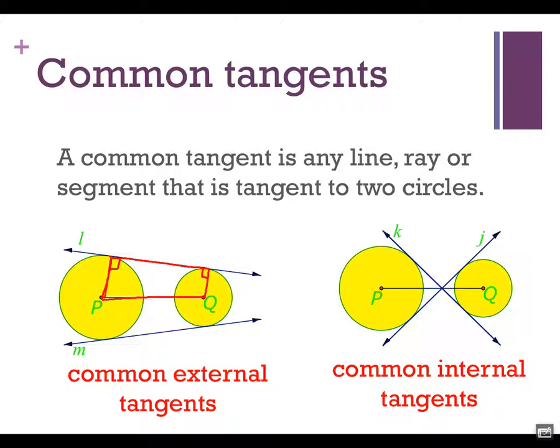What kind of quadrilateral is that red guy? It's not a rectangle. Well, I shouldn't say that. It could be a rectangle. If it was a rectangle, what would you know about the two circles? They're the same. Okay, trapezoid. It is a trapezoid, yes.